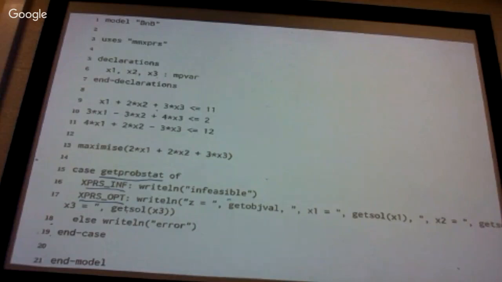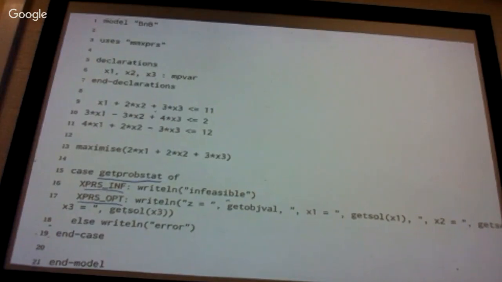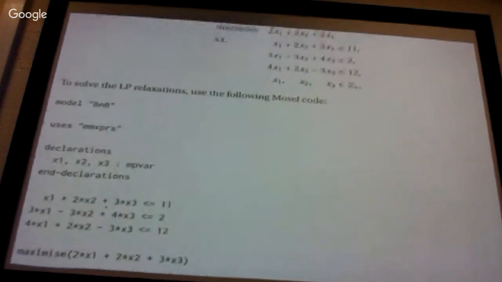Yeah. So if you don't want to write all these things, you can skip them, but then you have to check somewhere in Mosel that it gives you the answer whether you found a feasible solution or not. You have to be careful because sometimes it just prints the optimal solution, even though the problem is actually infeasible. So it's tricky.